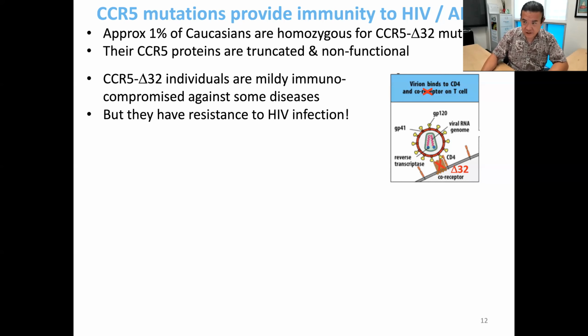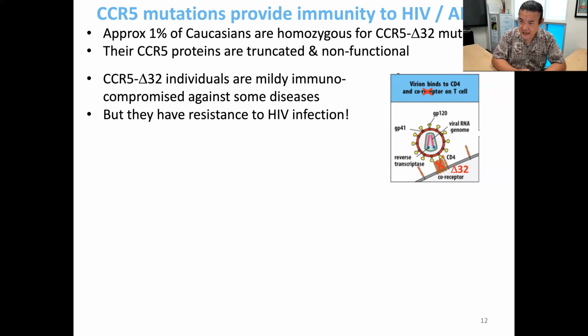Interestingly, about 1% of people of Caucasian descent, in particular those of European descent, are homozygous for a mutation in the CCR5 gene. Because of their ancestry, they carry this allele that causes the CCR5 protein, when it's being coded for by the gene, to prematurely stop being coded for.